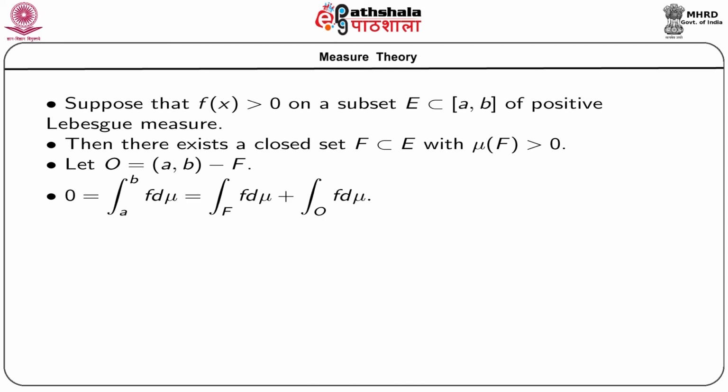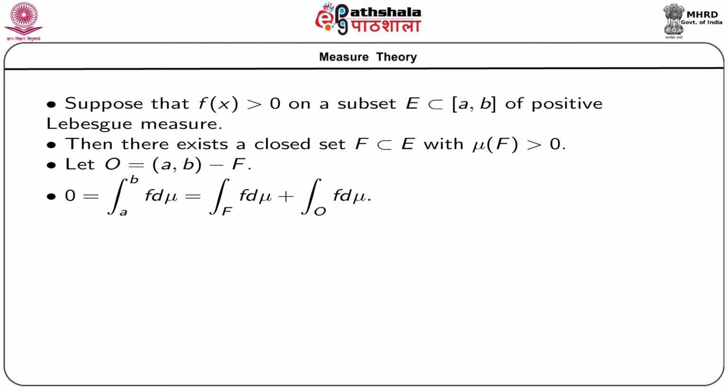Now, by our assumption, the integral from a to b of f d mu is also equal to 0, but the whole interval is divided into two parts, O and F, and in any case the two point set {a, b} has measure 0.